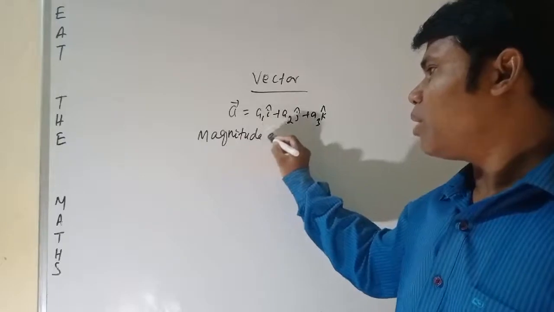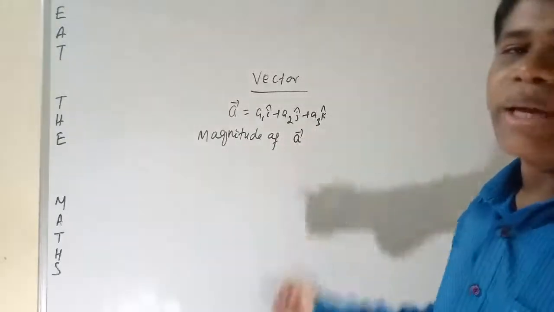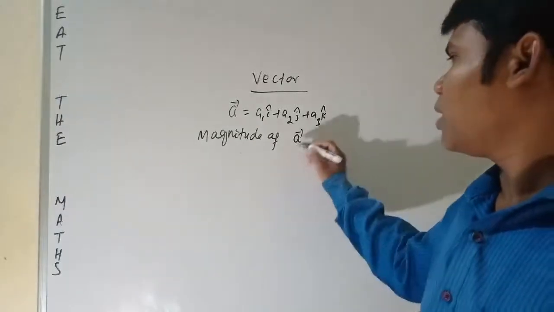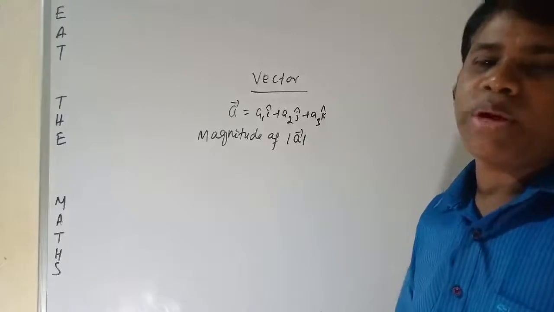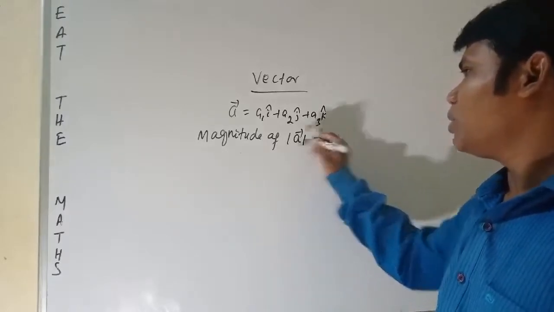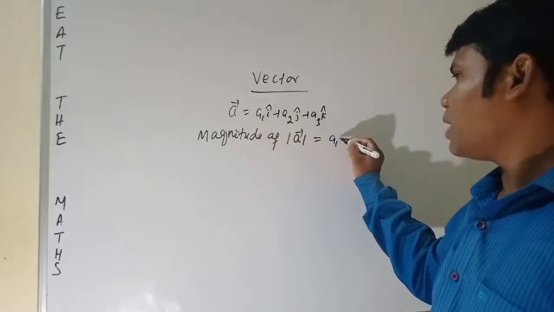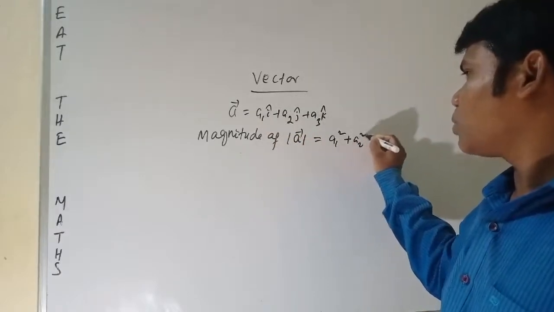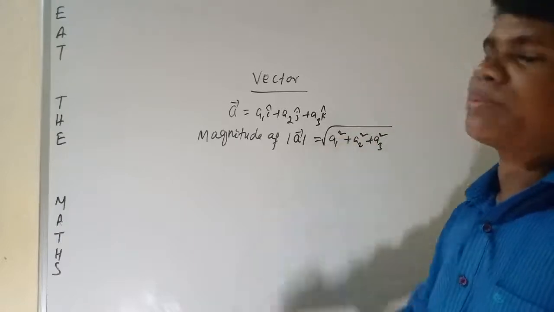The magnitude of a can be denoted by mod a, which is equal to the square root of a1 square plus a2 square plus a3 square. This is the magnitude of a.